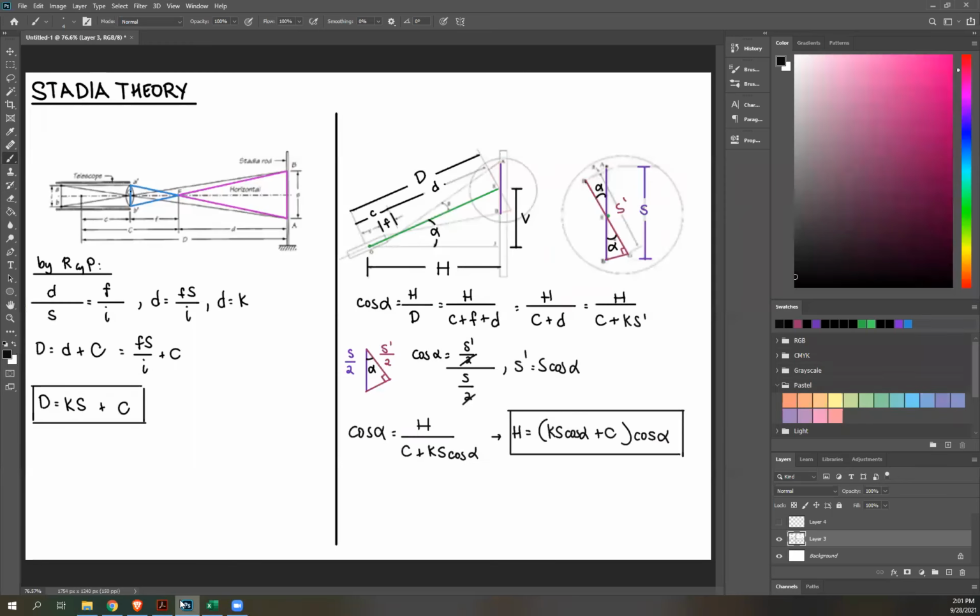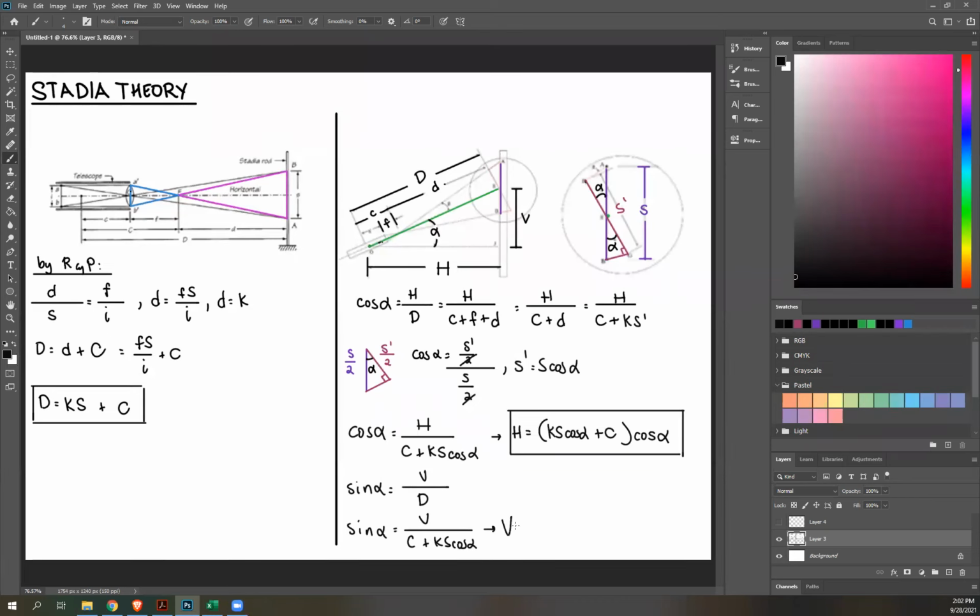Next, how about V? To get V, same thing. You're going to use this triangle and use sine. So sine alpha equals opposite, which is V, over hypotenuse, which is D. So sine alpha equals V over, as you can see, D becomes this: C plus Ks cosine alpha.